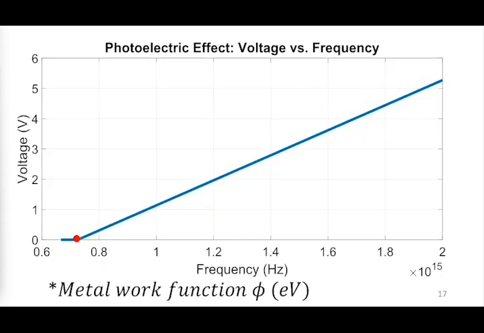So this is a voltage versus frequency curve, and naturally as we are increasing the frequency the stopping potential also increases. But as we decrease the frequency there is a certain point where the stopping potential is no longer required because there is no current to begin with. So there is a minimum value of frequency required for the photoelectric effect to even take place.